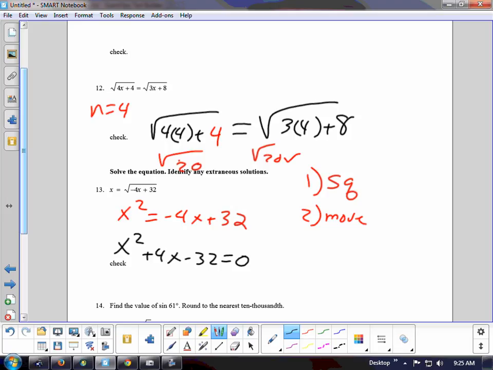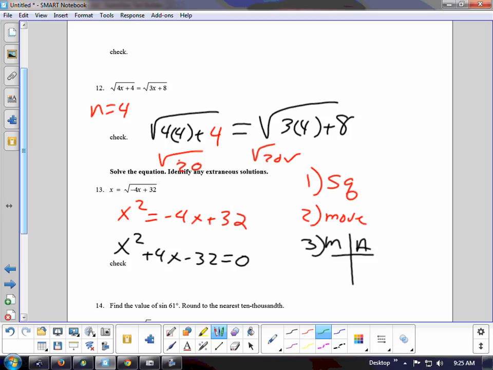So when there's a square root on one side, whenever there's a square root alone, you square both sides. When you square both sides, it gets rid of the radical sign.